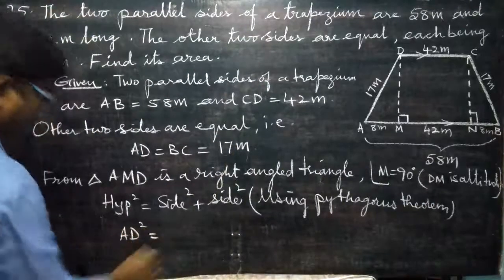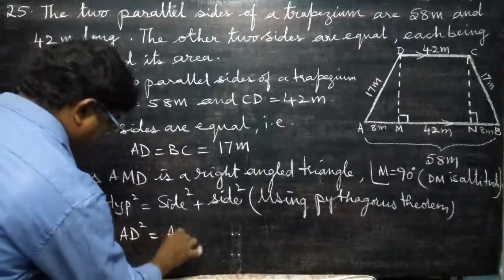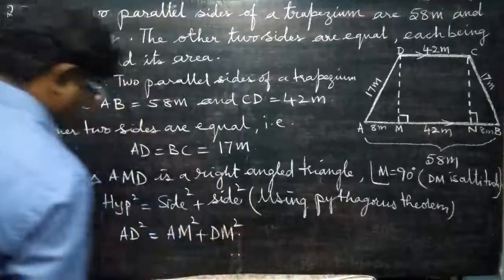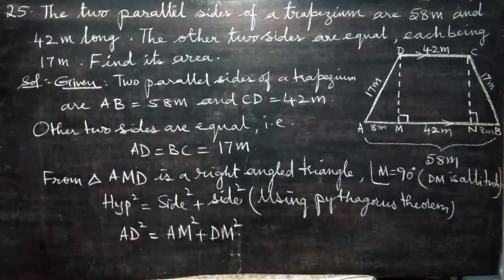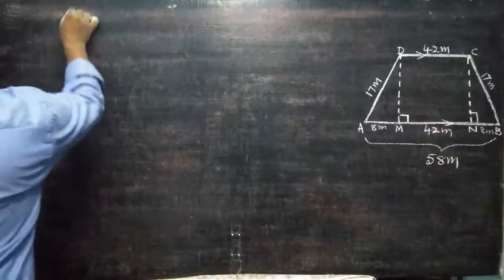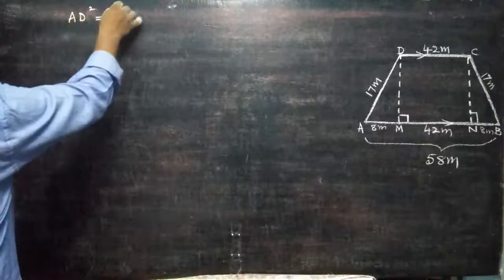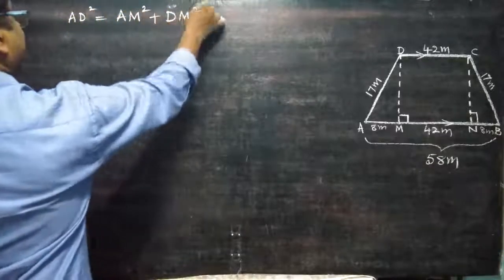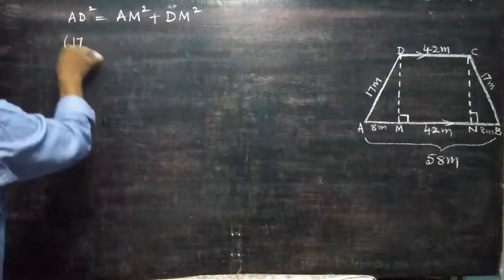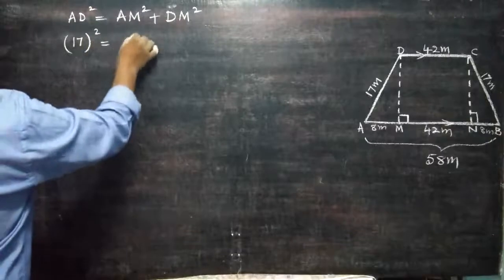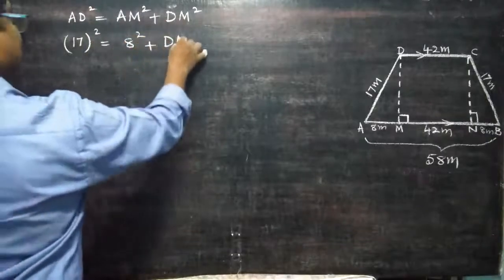AD square is equal to AM square plus DM square. AD is 17. 17 whole square is equal to 8 square plus DM, which we don't know.